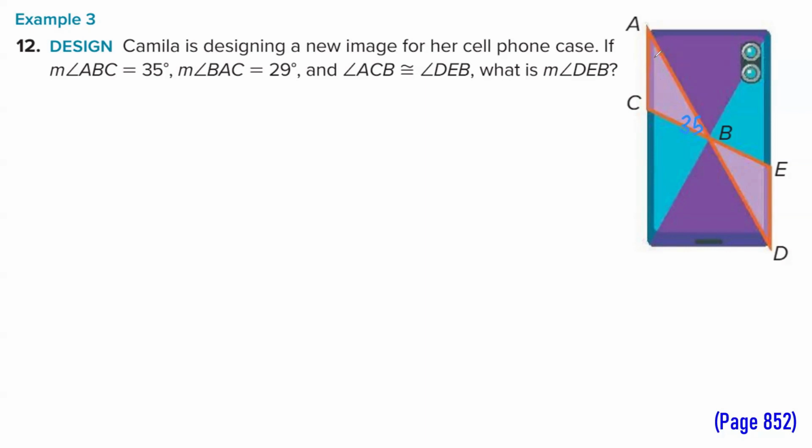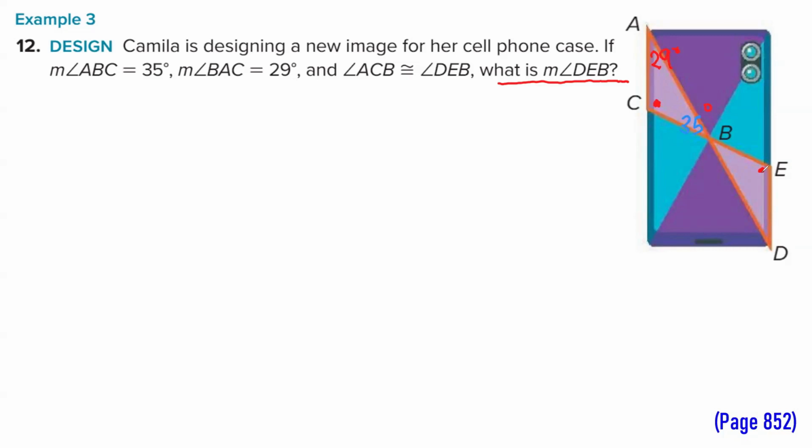BAC, which is that angle, is 29 degrees. And there is another piece of information: the angle ACB, this angle, which is missing as you see, is congruent to the angle DEB, which is that angle. Also, it's not given. What is the measure of the angle DEB?